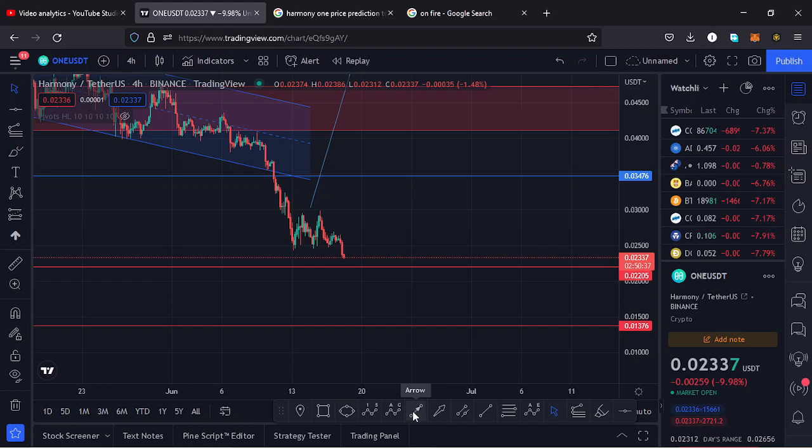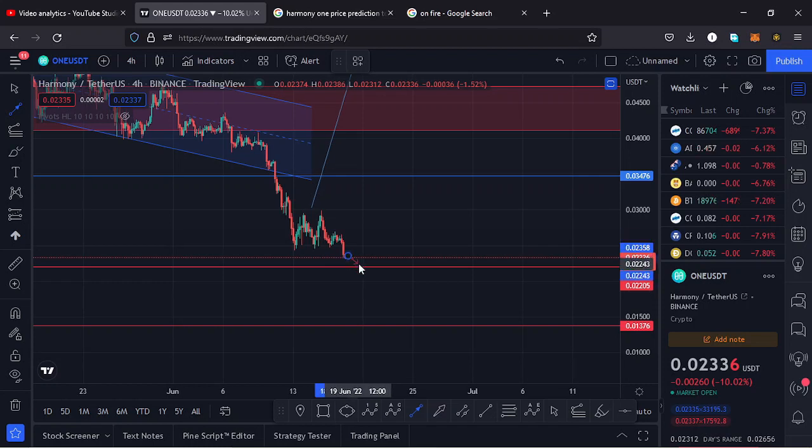The first key scenario that can play out on this chart is that we can continue seeing lower prices on the Harmony One chart and go to around the $0.022 mark, where we have a key area of support, and in case we lose that key area of support and maybe have a retest of that area, the worst case scenario for Harmony One will be playing out, because the next support that we have is at around the $0.013 mark.